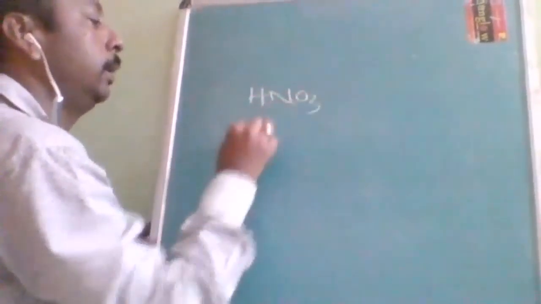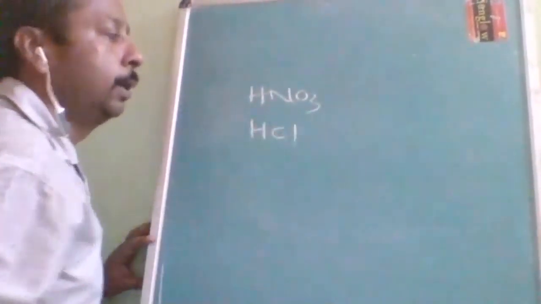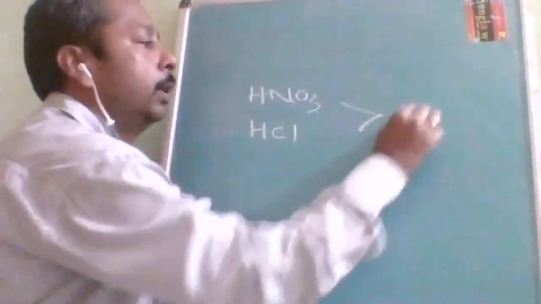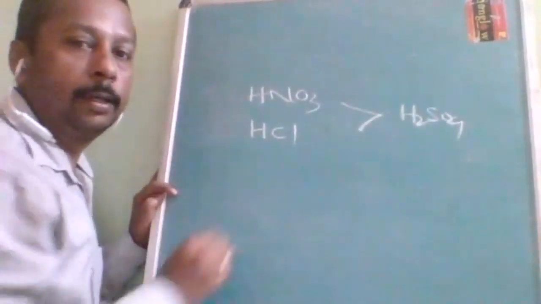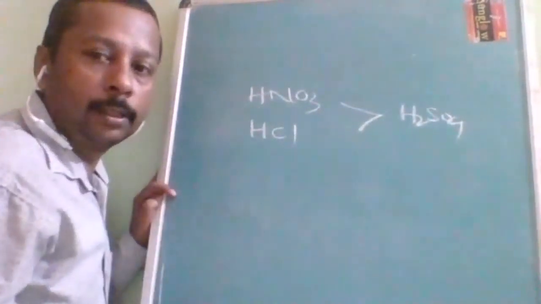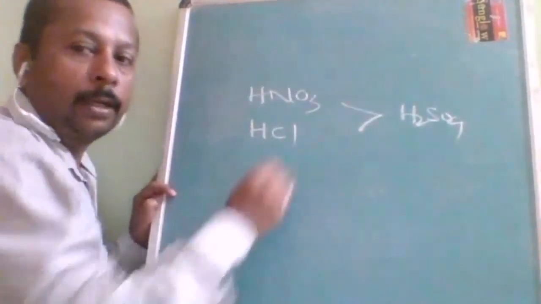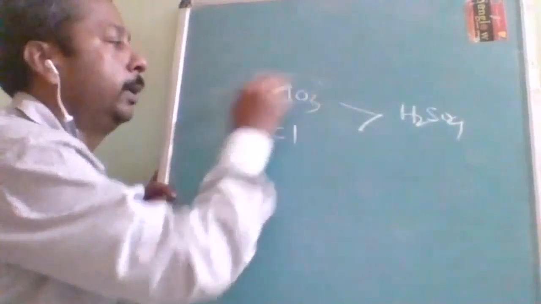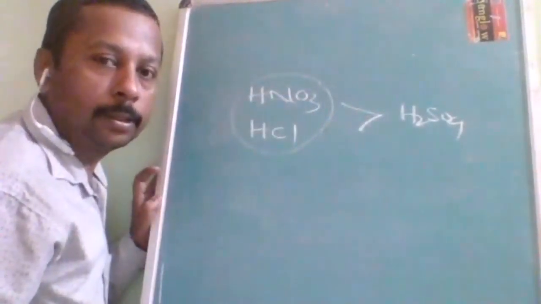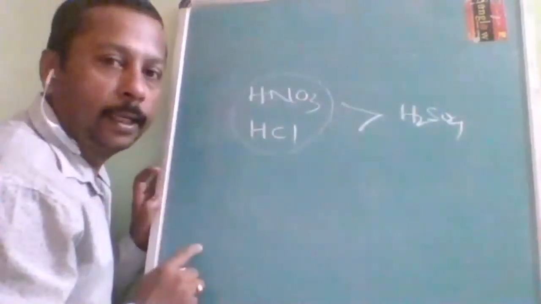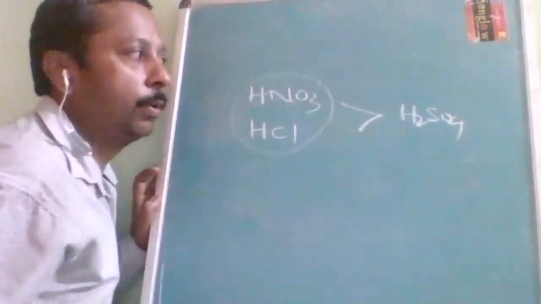Then after that, let us take nitric acid and HCl. Are they more volatile or less volatile? They are more volatile than H2SO4 because there are fewer hydrogen bonds. Nitric acid contains a smaller number of hydrogen bonds. HCl does not have any hydrogen bonds. Sulfuric acid has more hydrogen bonds.